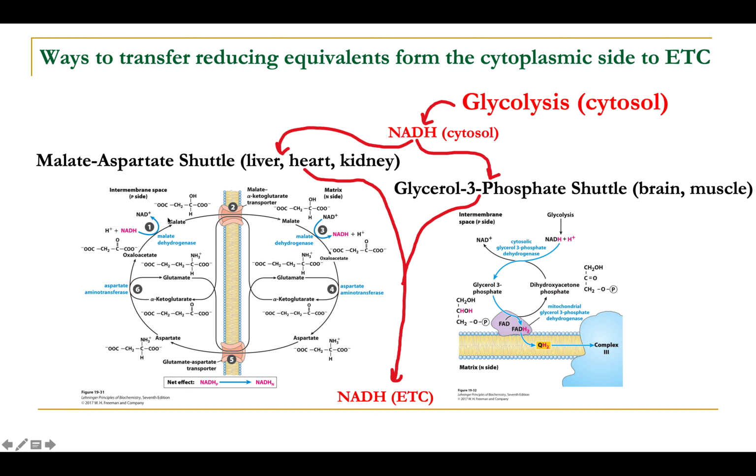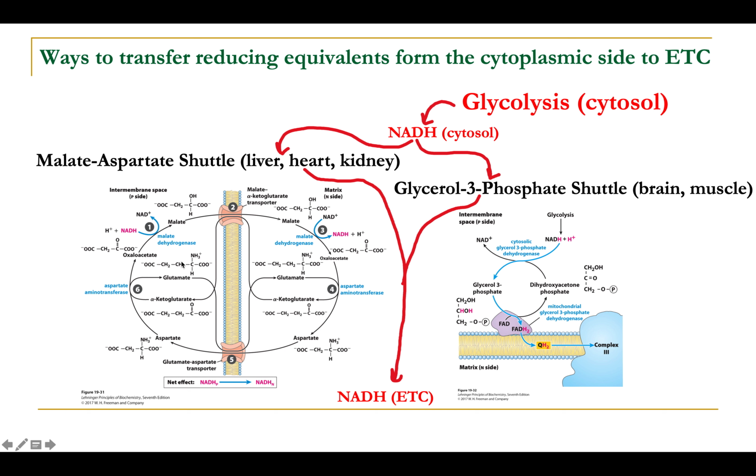So the primary component of the system are these two twin malate dehydrogenase enzymes, one present in the cytosol and another present in the mitochondrial matrix.